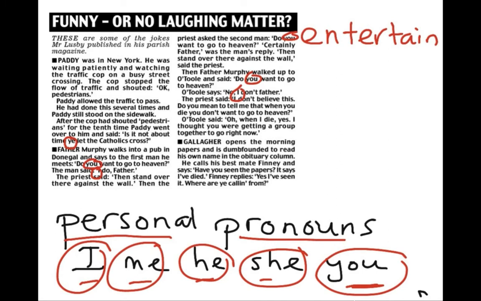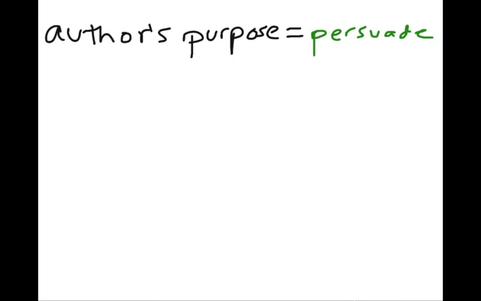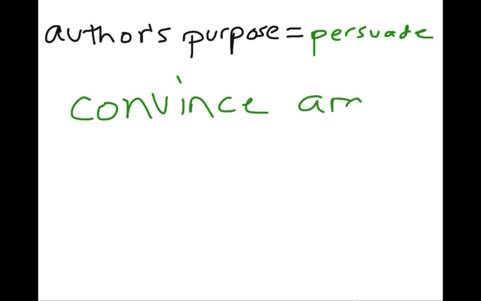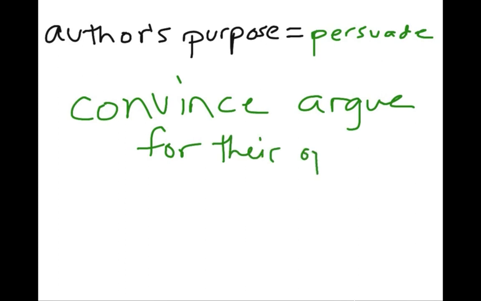The second type of writing we're going to look at is persuasive writing, where the author is trying to convince you and argue for their opinion. Now, a piece of persuasive writing is going to mostly have group pronouns.